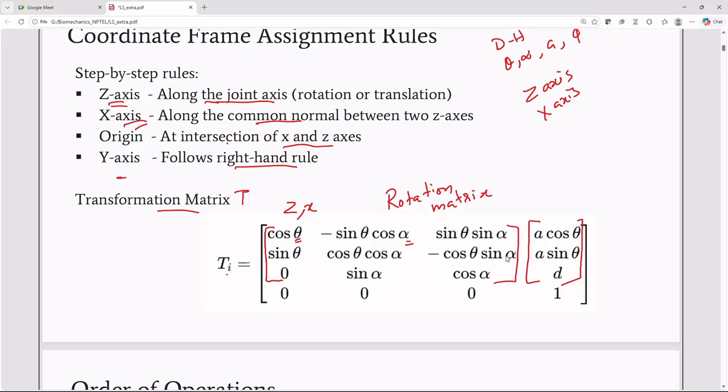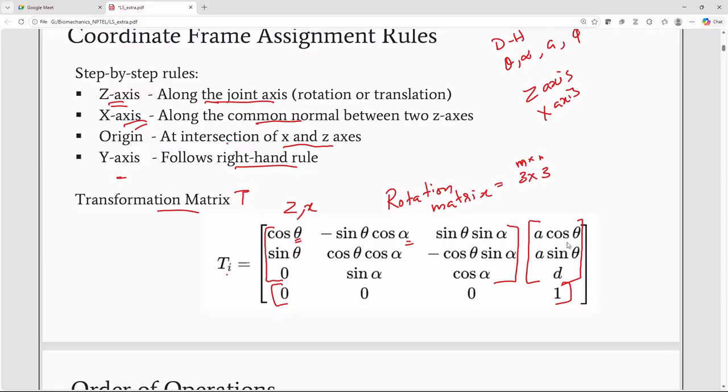So this last row is added to make it a 4 by 4 matrix. If you see here, this rotation matrix is a 3 by 3 matrix, that is m into n, where m is the number of rows, row by column. So 3 rows and 3 columns.